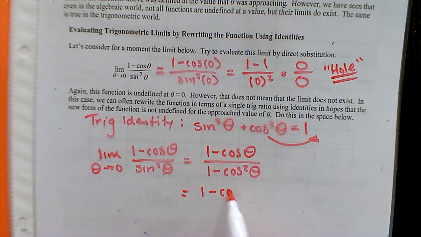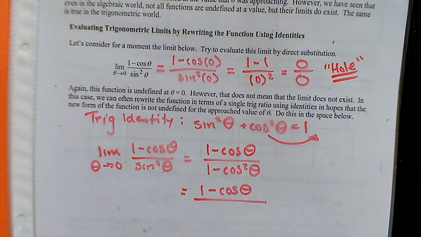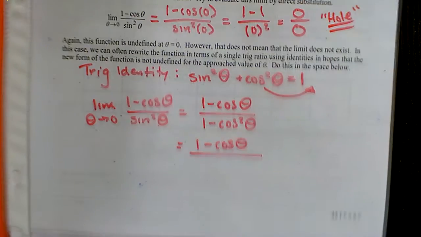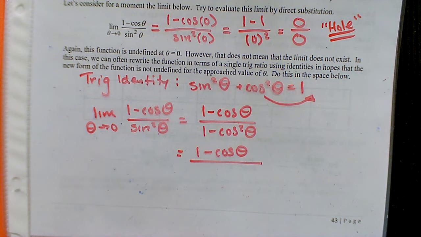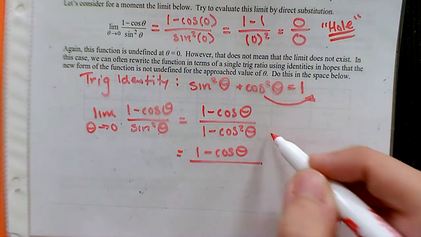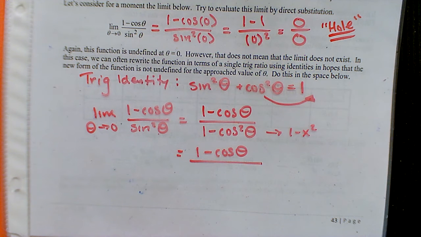Can we go any further? You said we can't do anything with the top, but now that we rewrote the bottom, can we do anything? 1 minus cosine squared. Maybe think about this as 1 minus x squared, because I know we're familiar with x's. Does it look like something that we can do? 1 minus cosine times cosine.